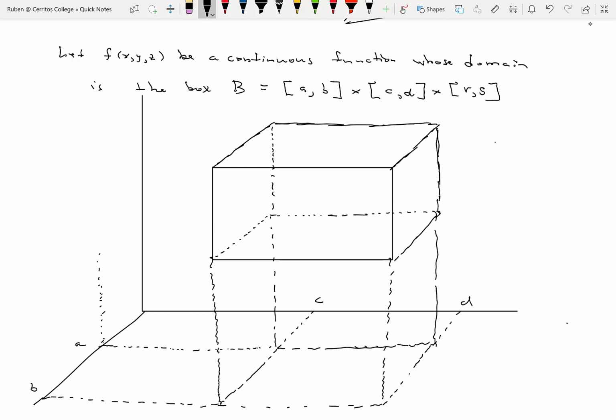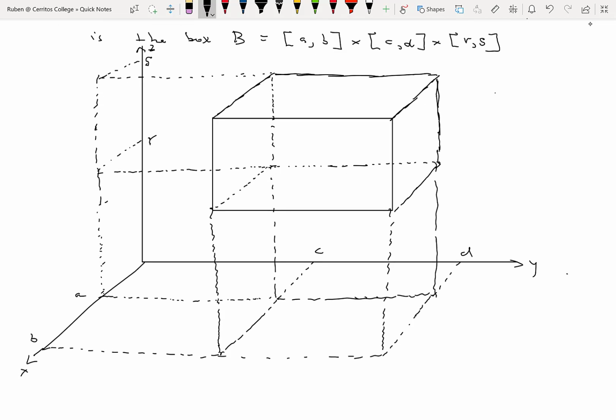From A, I'm going straight up, and from the back edge of the box, I'm going to that dotted line, and then straight up to the z-axis. This is R. Now from the box, again, I'm going to identify S along the z-axis. So here's R and S along the z-axis.